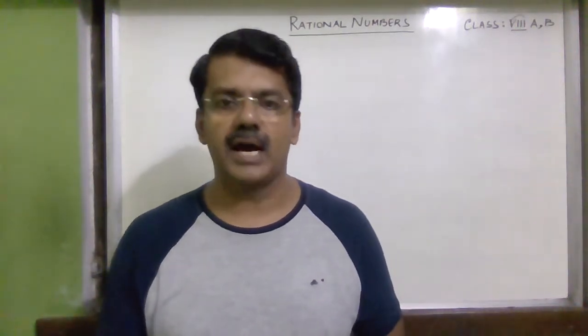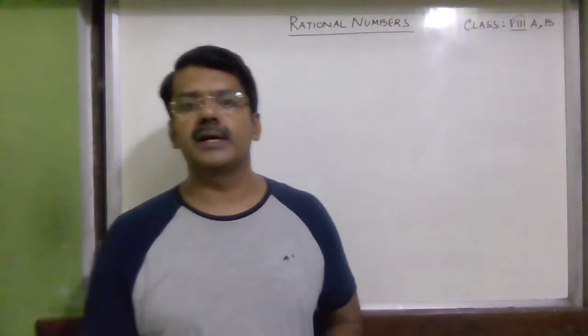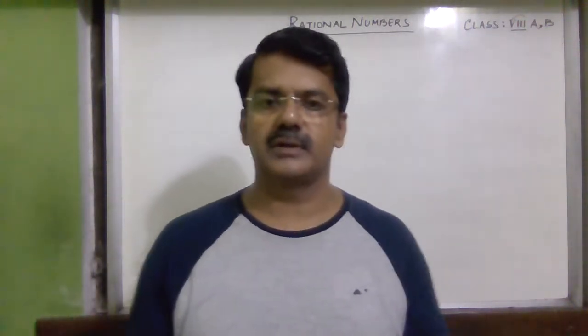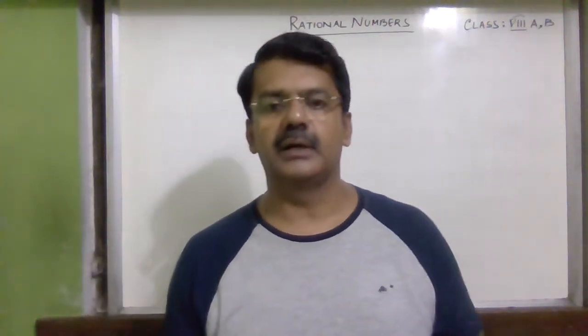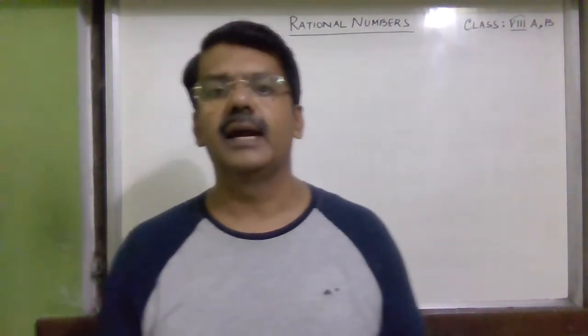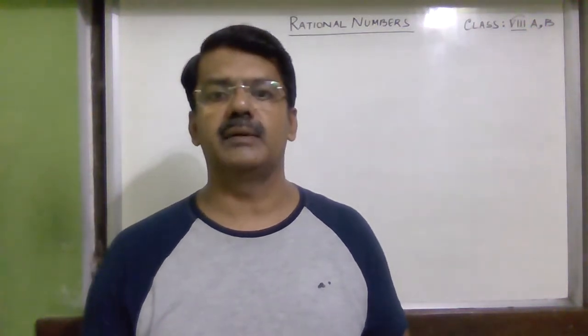Today will be the last lecture on rational numbers. So today we'll do a few more sums on marking or plotting a rational number on the number line, and to find a number of rational numbers between two given rational numbers. Clear?